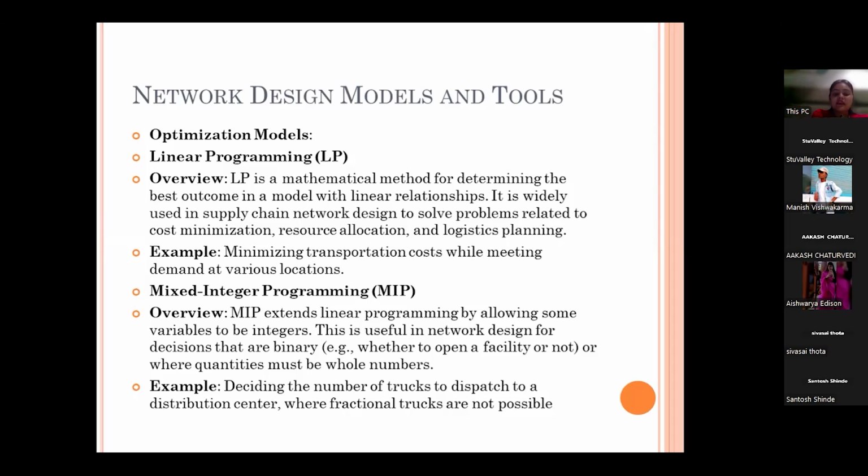The same way we use it in mixed integer programming, but that is done through programming only, not manually. We use Python, C, SQL, Java to get the outcome in a binary way.